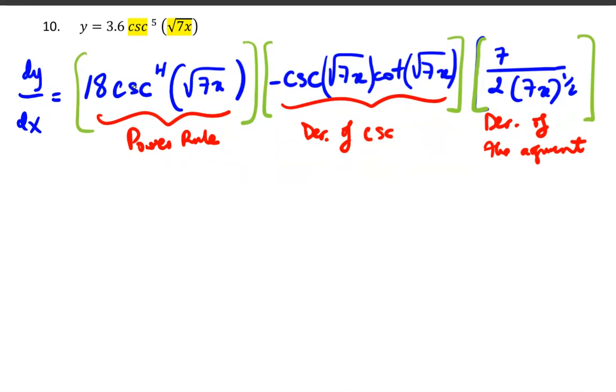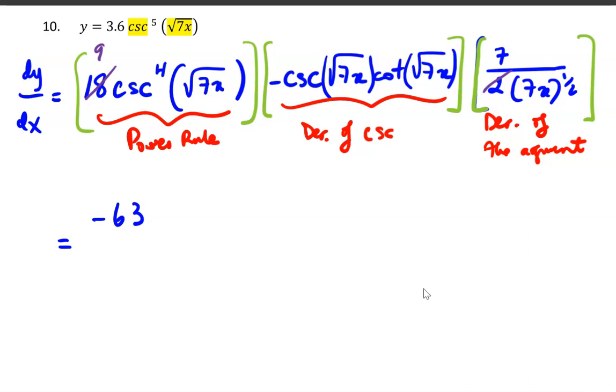Alright. So how do I write them as a simplified term? So 2 cancels with 18, I should get 9 there. And then 9 times 7 is 63, times negative. In front of cosecant, I should have negative 63. And please combine these two.